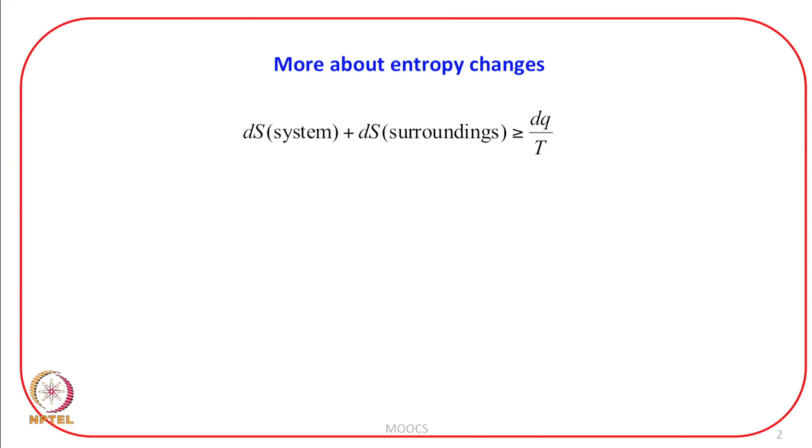The second law of thermodynamics says that the entropy of an isolated system increases during the course of a spontaneous process.